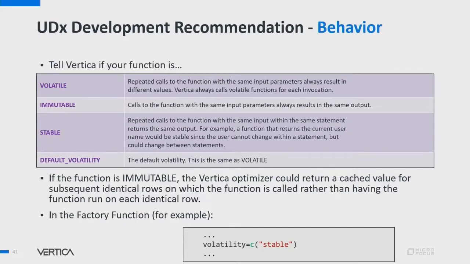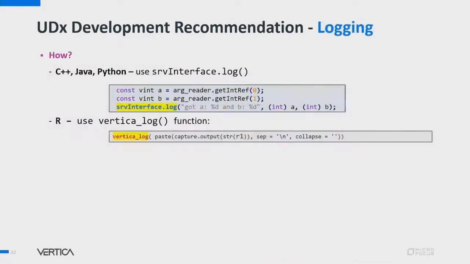If your UDx is volatile, it will be called every time. However, if you define your UDx as immutable, the Vertica optimizer can return a cached value of your UDx for subsequent identical rows that are being passed to your UDx, rather than call your UDx for each identical row. That allows you to save a bit of time during execution, and that may also have a significant impact on the overall performance of your UDx.